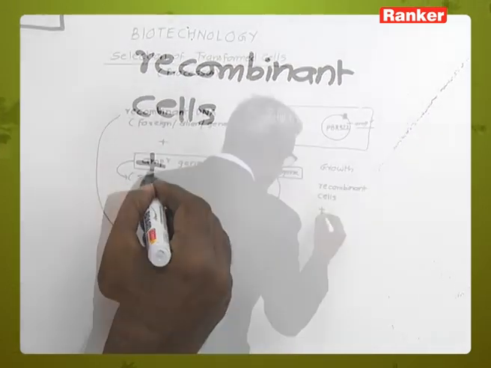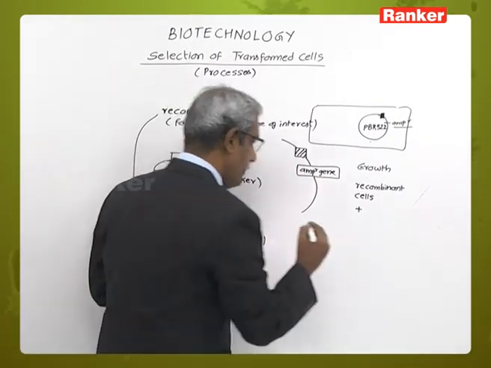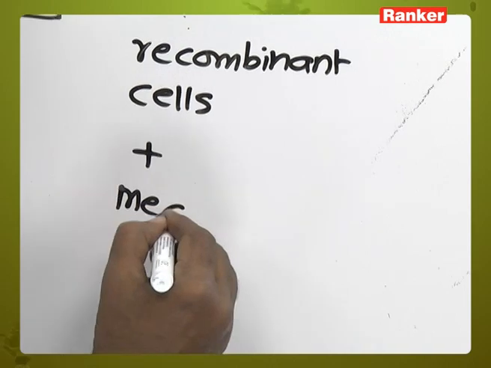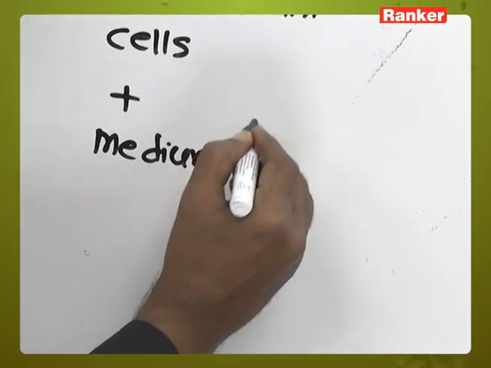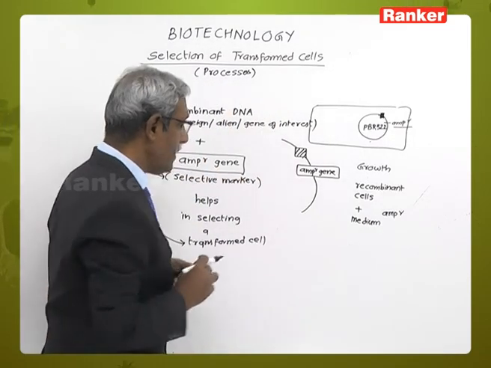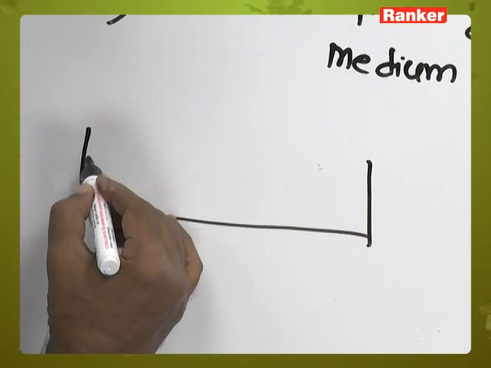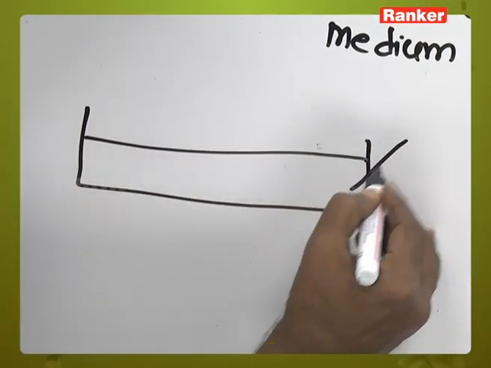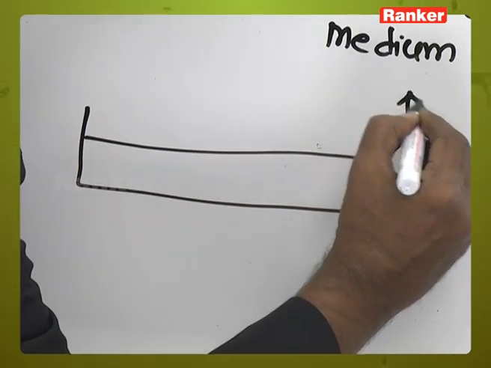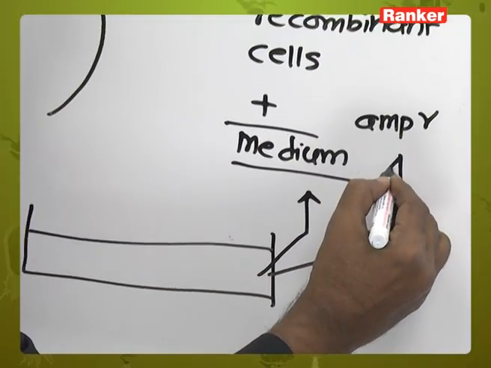That is, there is increase in cell number and also cell size in a medium which is ampicillin resistant. Think of a nutrient medium which is also ampicillin resistant.